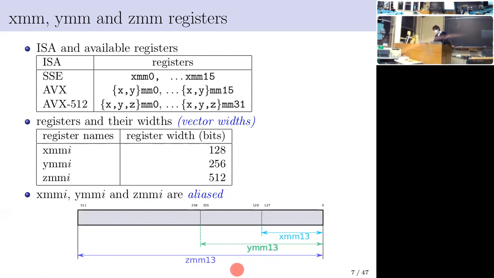So basically the last 256 bits of ZMM 13 is actually YMM 13. And the last 128 bits of either ZMM 13 or YMM 13 is actually XMM 13. So they are in a way aliased.